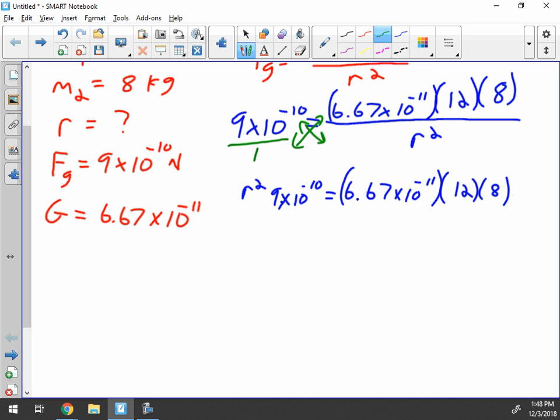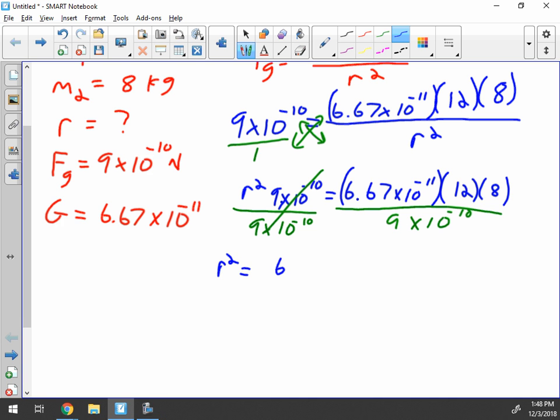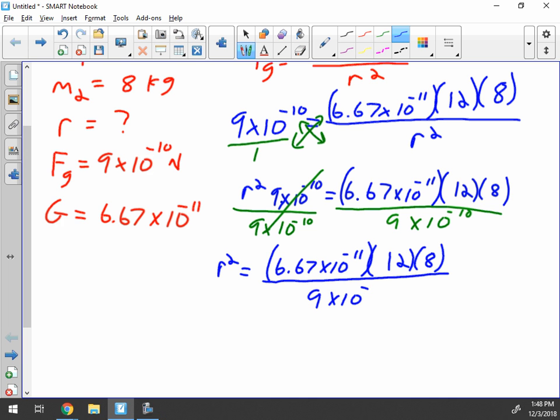So I'm going to divide both sides by 9 times 10 to the negative 10. So that will cancel. So I will have R squared equal to 6.67 times 10 to the negative 11 times 12 times 8 divided by 9 times 10 to the negative 10.